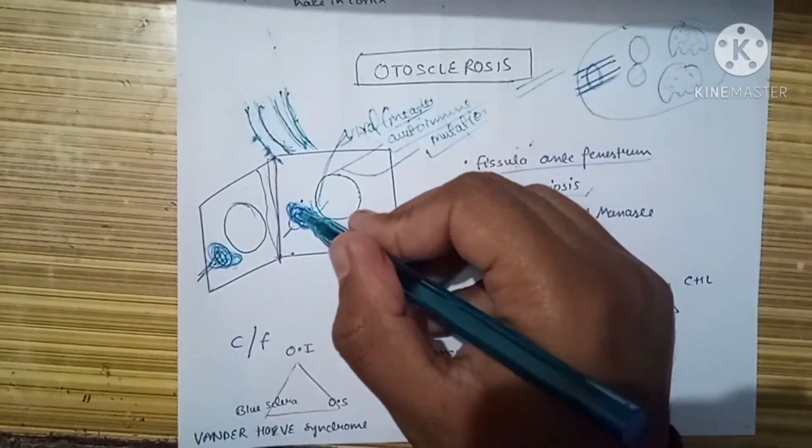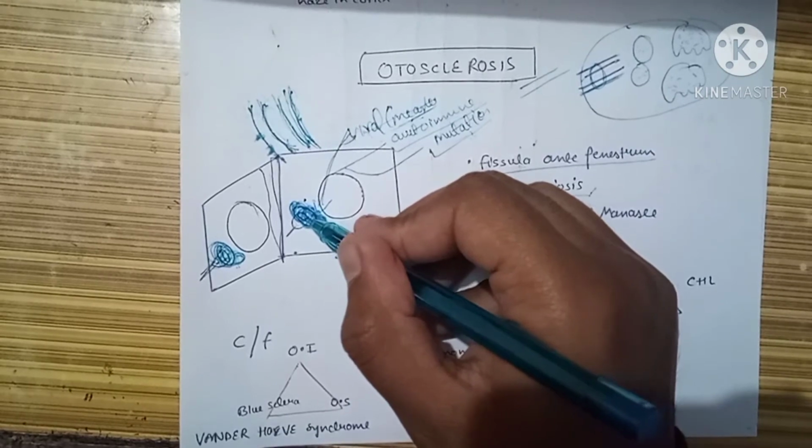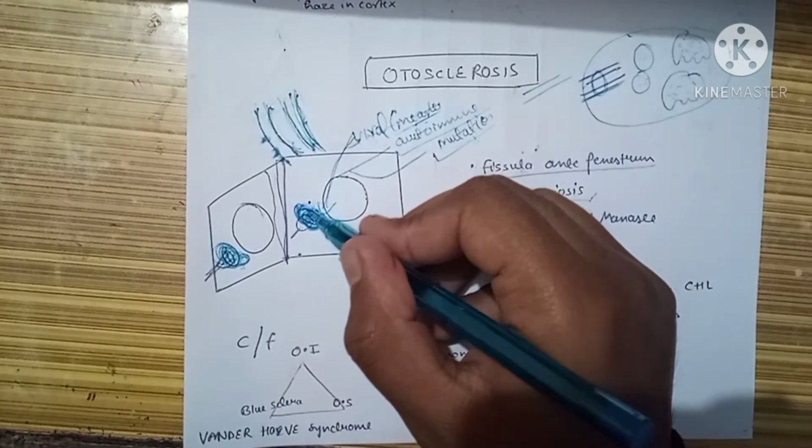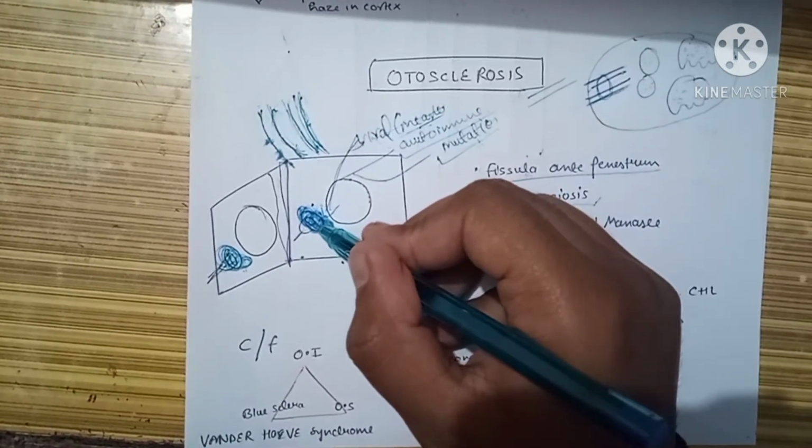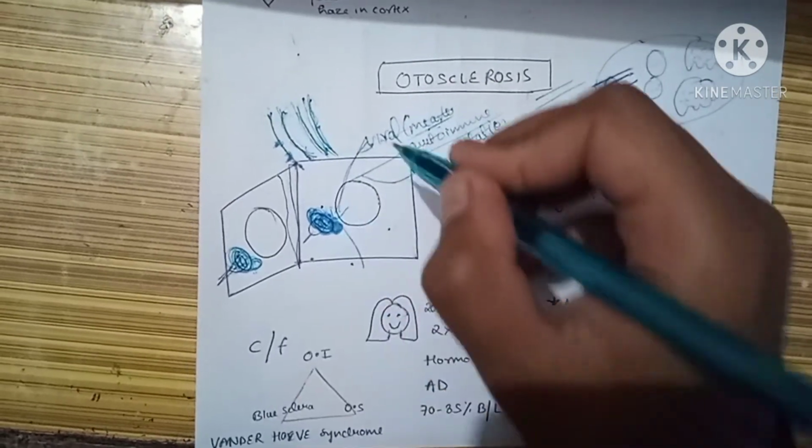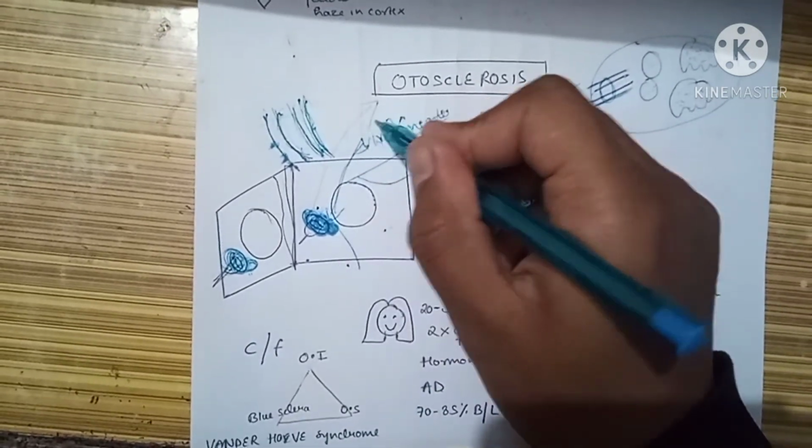As we know, the oval window has the footplate of stapes and it gets fixed due to this growth, and there is fixation of the footplate of stapes, that is known as otosclerosis.